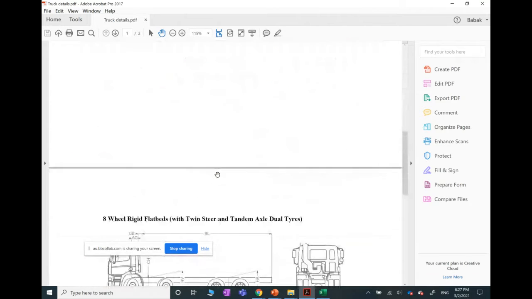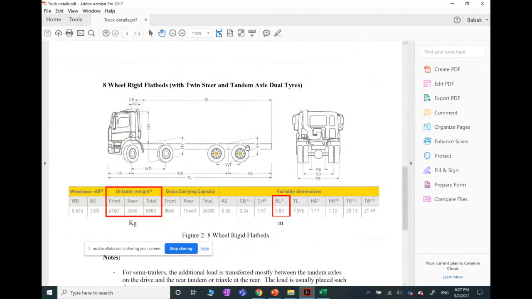The second one is the 8-wheel rigid flatbed, right? So they are not prime movers anymore. They can carry containers. And this is some information about the unladen weight as well as the dimensions, the lengths of the vehicle.